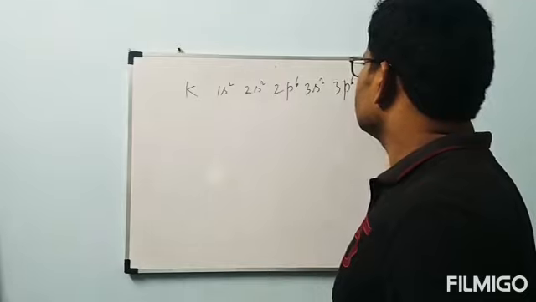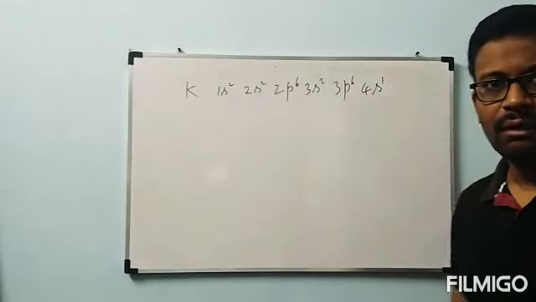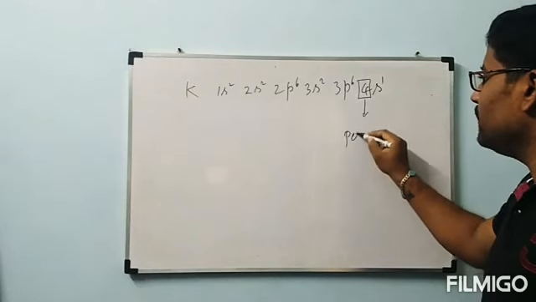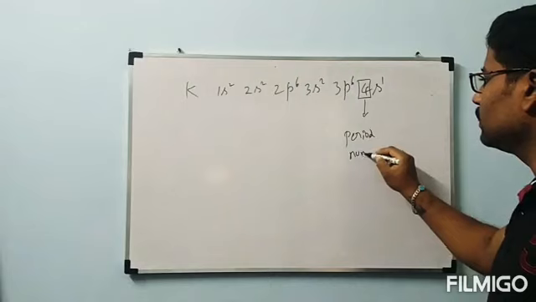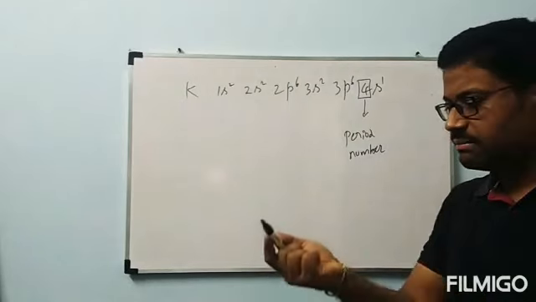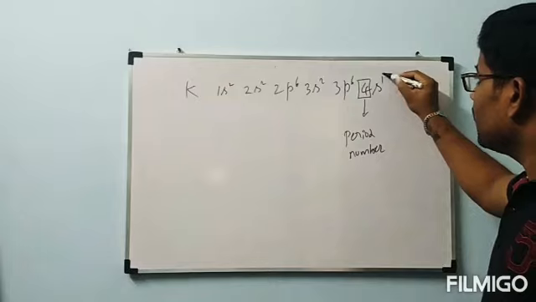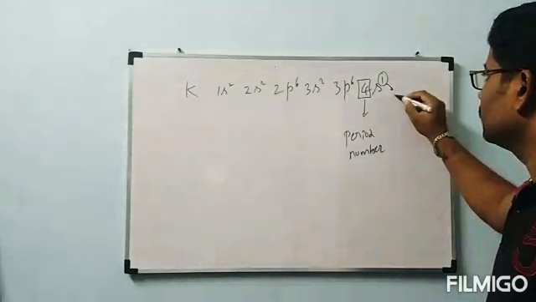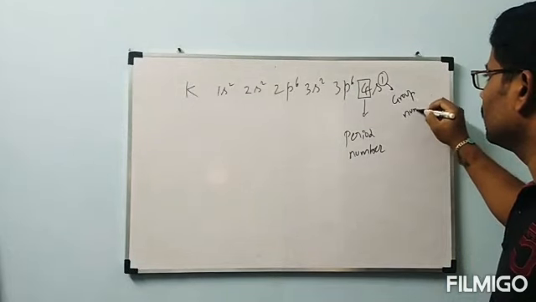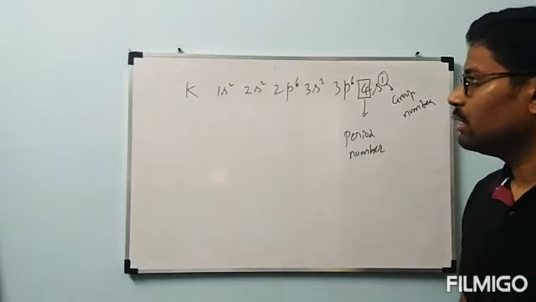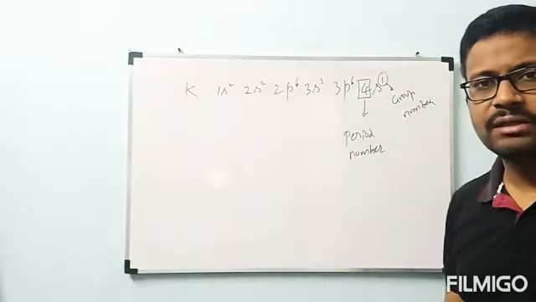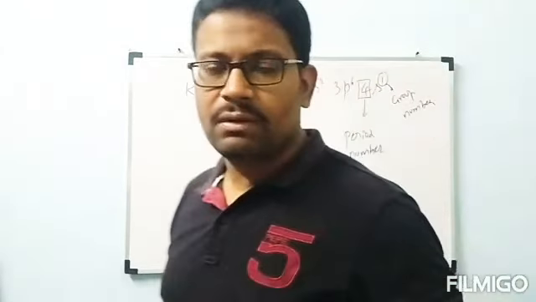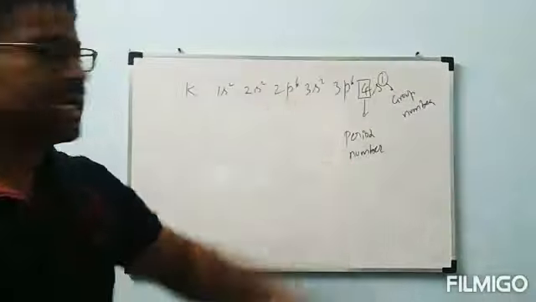3s2, 3p6, 4s1. The outermost shell number is called period number, and the number of electrons present in that outermost shell is called group number. So if you know any one element and they ask about the position of that element in a particular group and period, we write the electronic configuration.